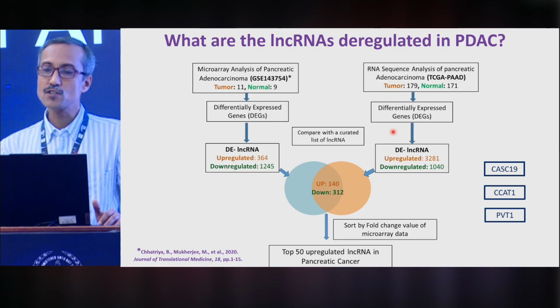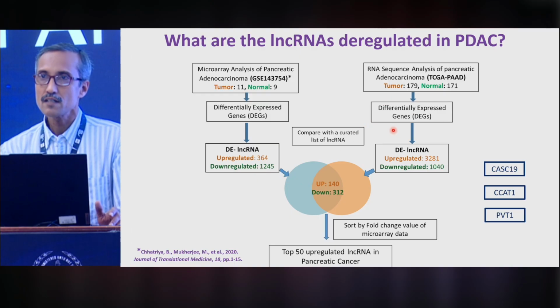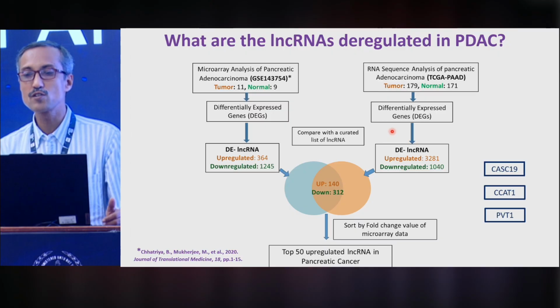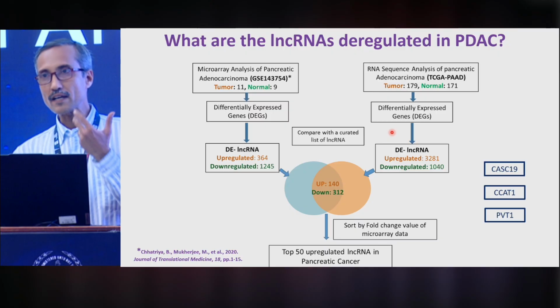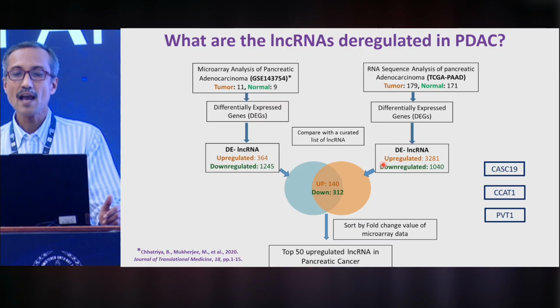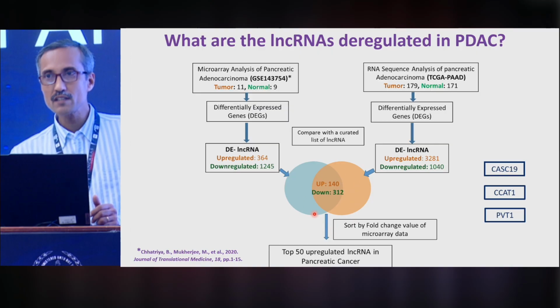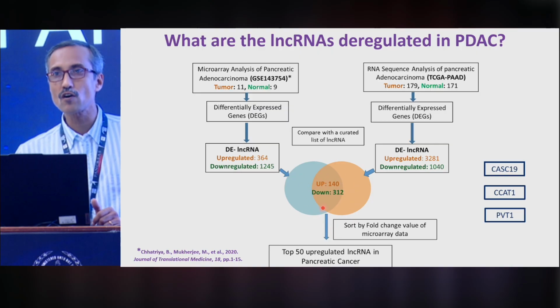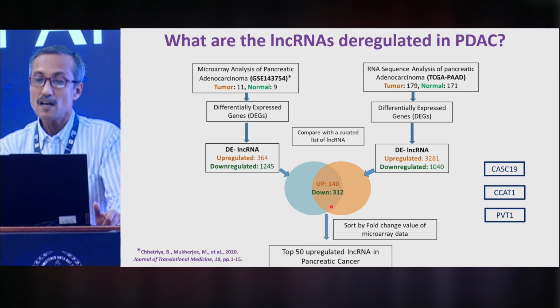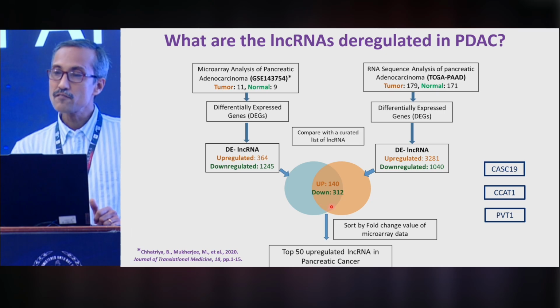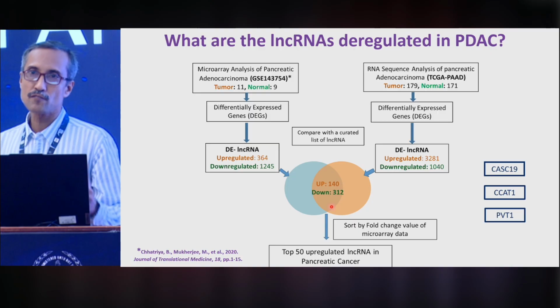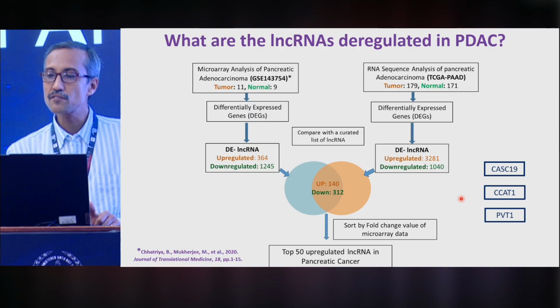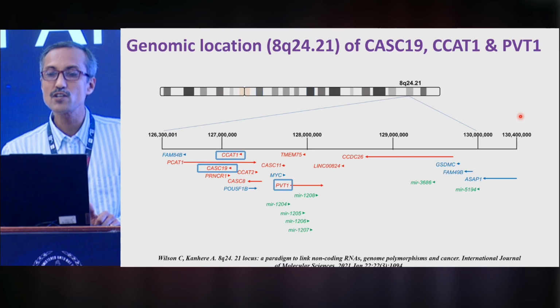Then we matched with the TCGA data, the Cancer Genome Atlas data of pancreatic cancer patients. When we looked for the common ones, we found a significant number of deregulated long non-coding RNAs. Very interestingly, among the top 15, there were 3 different long non-coding RNAs, CCAT1, CASC19 and PVT1.